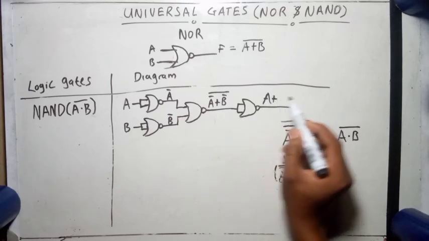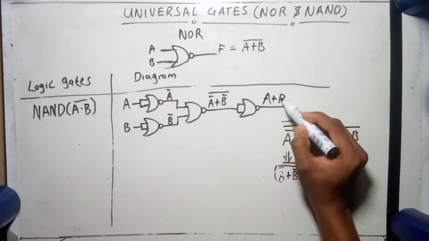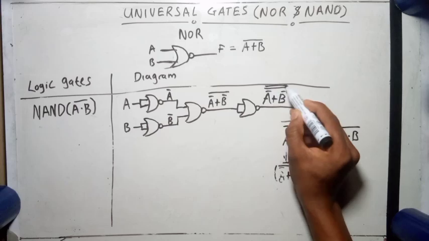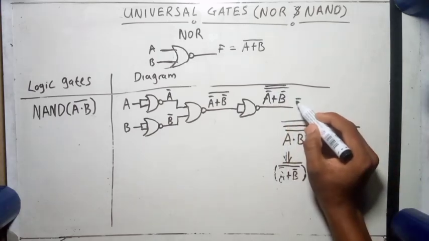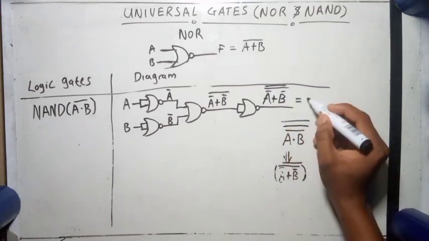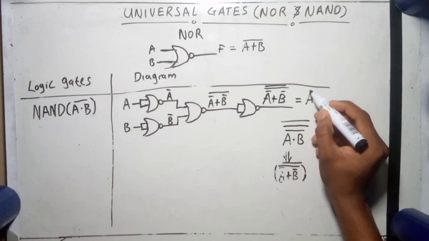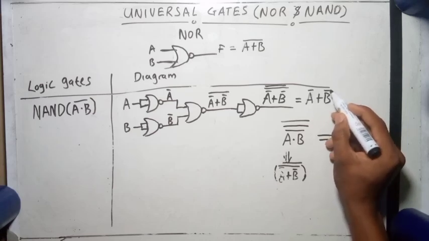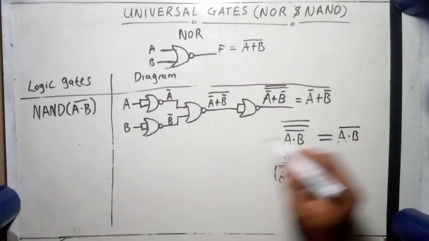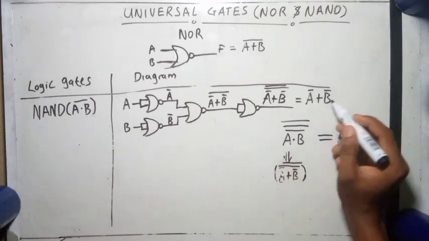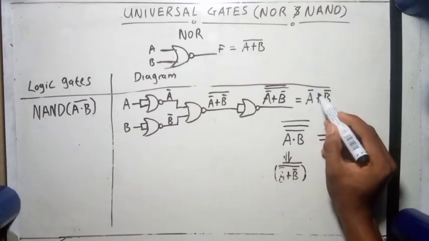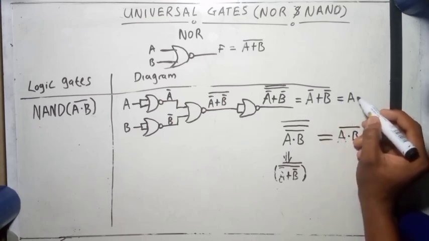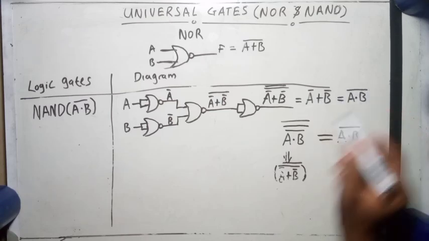A plus B double bar, which is also the same thing as what? A bar plus B bar. And you know what De Morgan's rule is. Now, if I go to join the two bar together, the sign again will change. This also will be A dot B or bar.